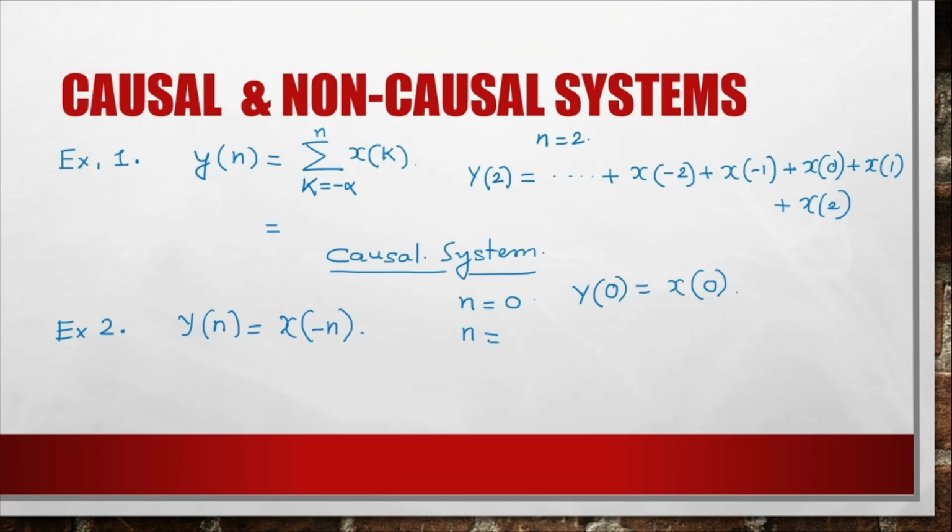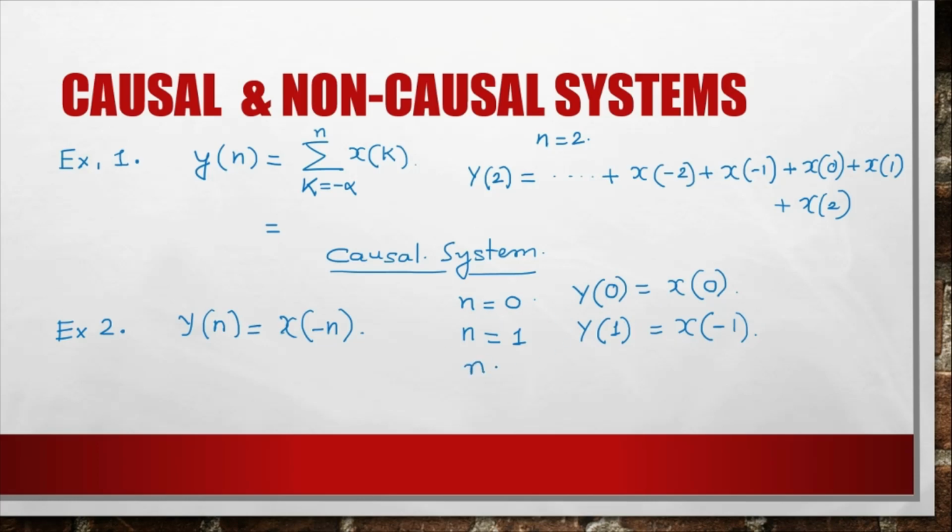Now, you go for n equal to 1. At instant 1, the output is dependent on the previous value of the input, right.